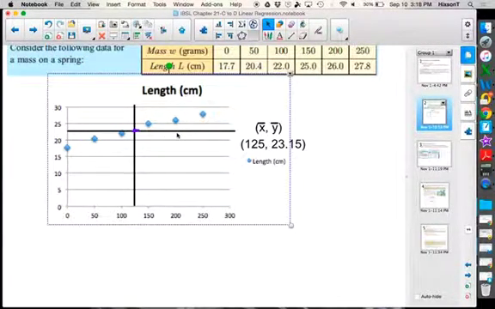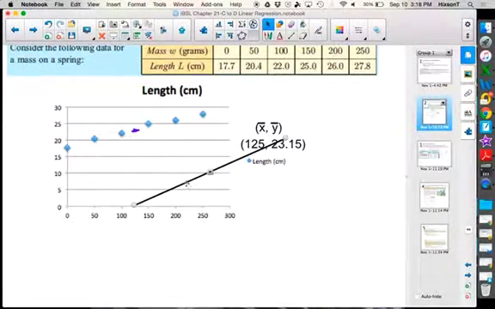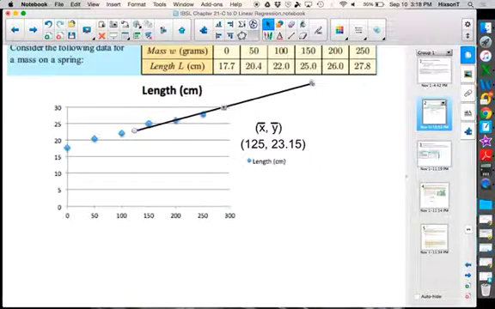And what we could do to model this, again, this is an approximation, is we would draw a line going through the mean point, and we would draw it in such a way that we had about the same number of points above it as we had below it.